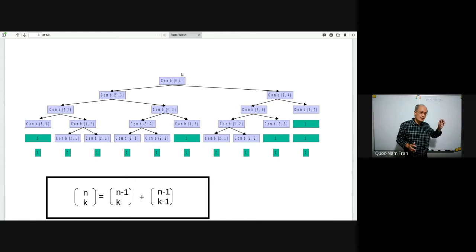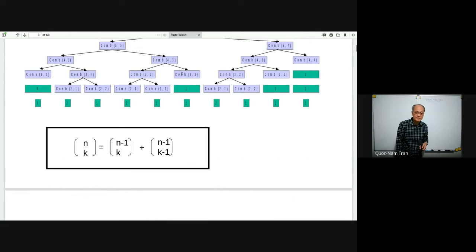If we can somehow use that result, then we don't have to recompute, for example, combination of 3, 2 again and again. So that's why, with the divide and conquer algorithm, if we use recursive programming, some calculations will be repeated many, many times. And the next example will show you a very serious issue.